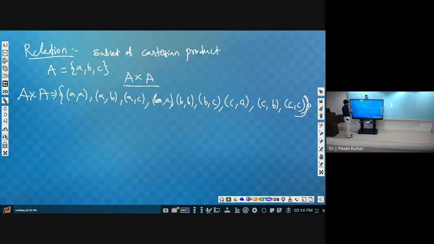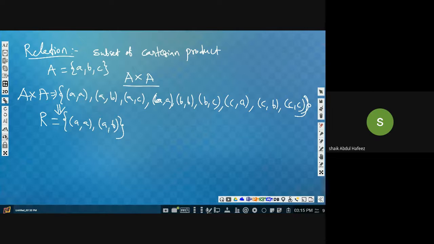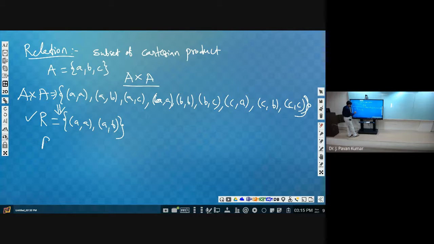Okay, now a subset of the Cartesian product we call a relation. So this relation R can be represented as a subset like A comma A, A comma B. Is this a subset of the Cartesian product or not? Yes, sir. Yes, so it is a relation. Similarly, let us consider R2, where we have only C comma C. Is this a subset or not? Yes, sir.